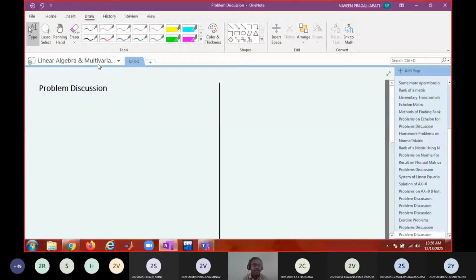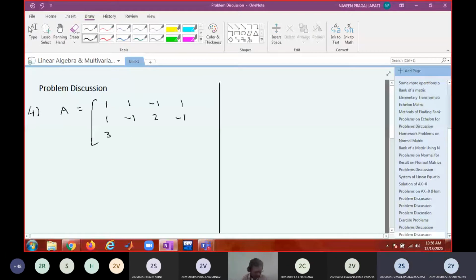The coefficient matrix is: first row 1, 1, minus 1, 1; second row 1, minus 1, 2, minus 1; third row 3, 1, 3, 1. Then x3 is absent, so its coefficient is going to be 0, and the x4 coefficient is 1.